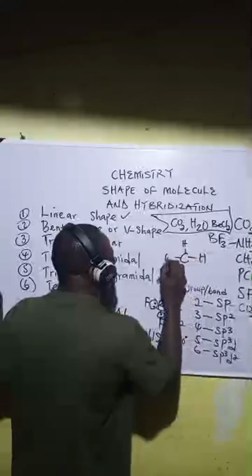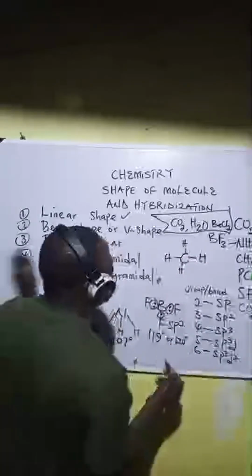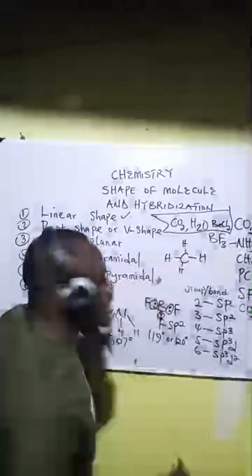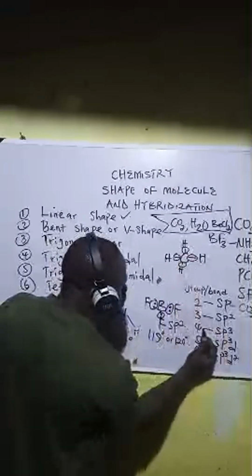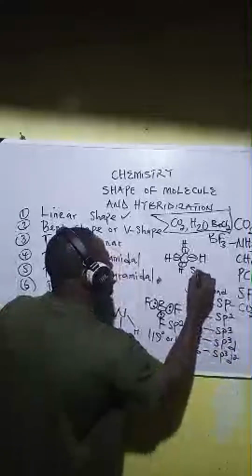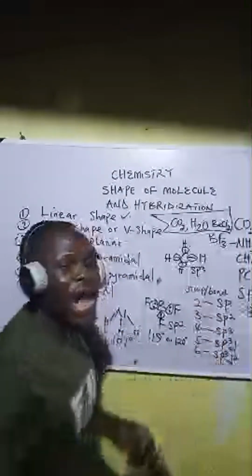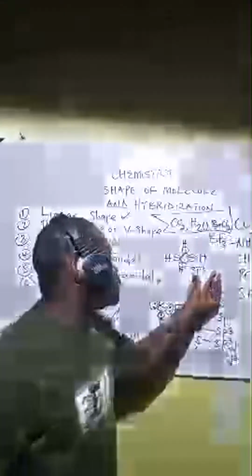Look at now. How many bonds surround the central atom? We have 1, 2, 3, 4. Four is sp3. So methane has sp3. All alkanes have sp3 hybridization. All alkenes in organic compounds have sp2 hybridization.